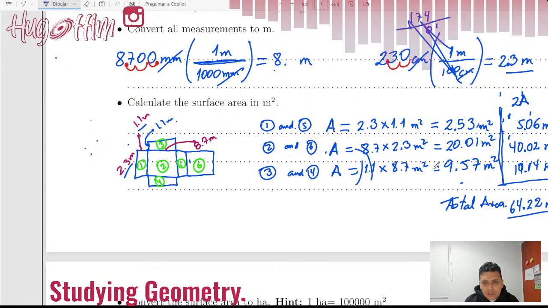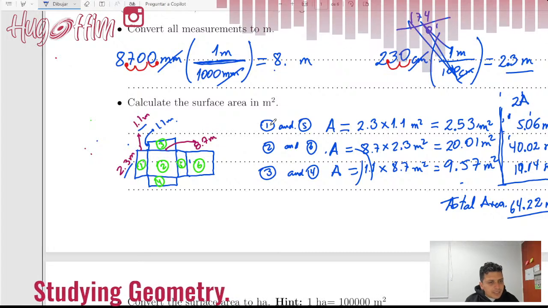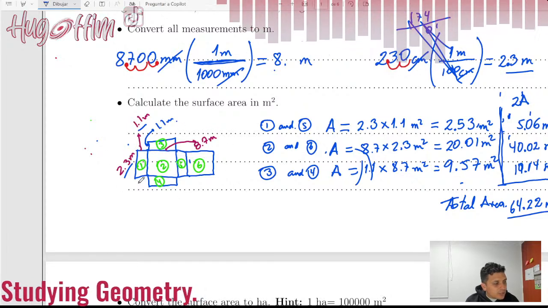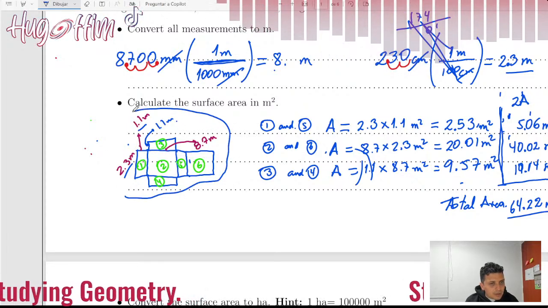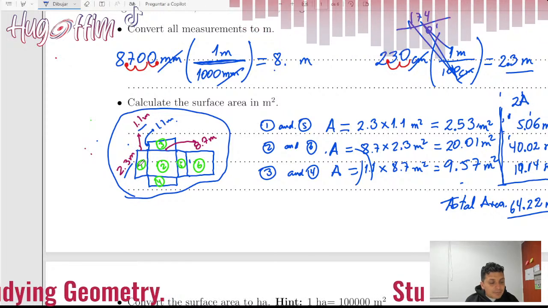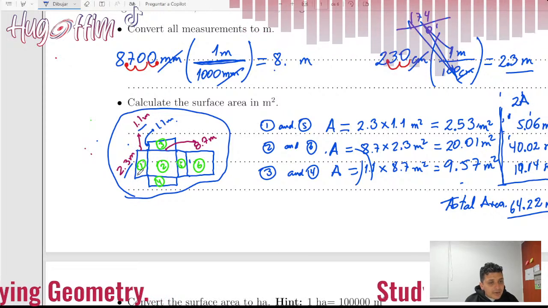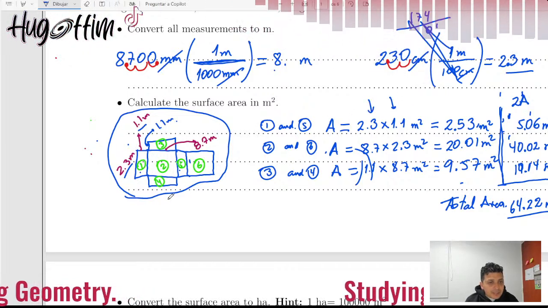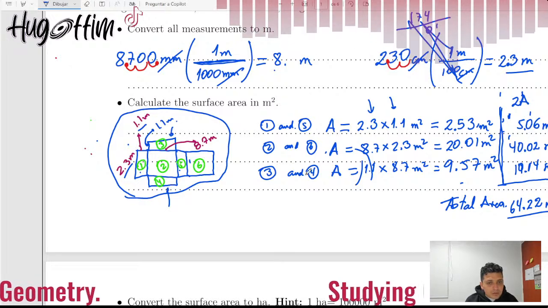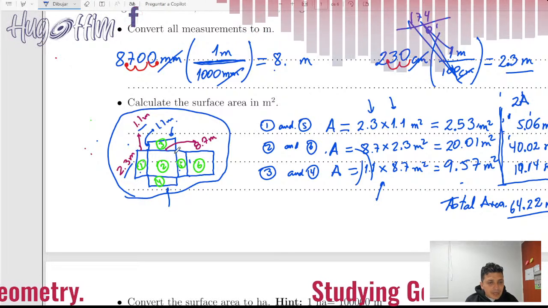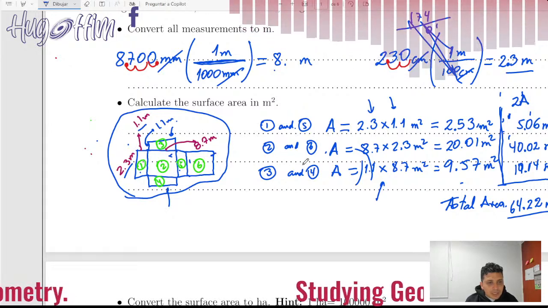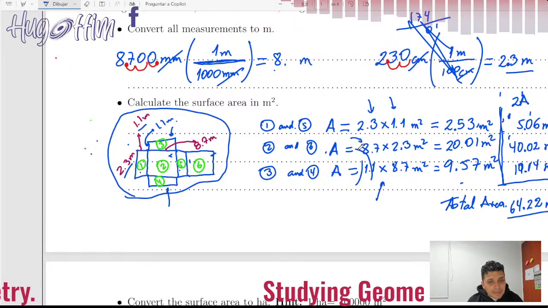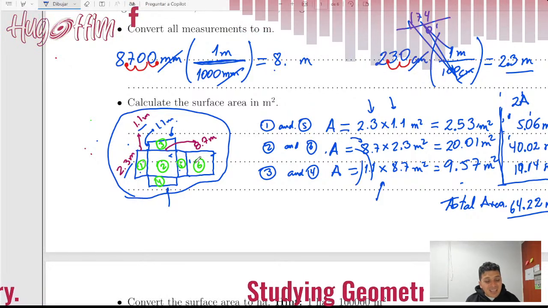I'm just showing how to calculate the surface area in square meters. So just remember that you can assemble the net. The net always is going to have this form that I'm circling here. Look at that, the area of rectangle 1 and rectangle 5 is going to be the same, like I put it here. Rectangle 4 and rectangle 3 are the same, and rectangle 2 and rectangle 6 are the same as here.